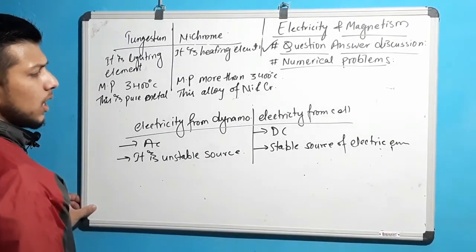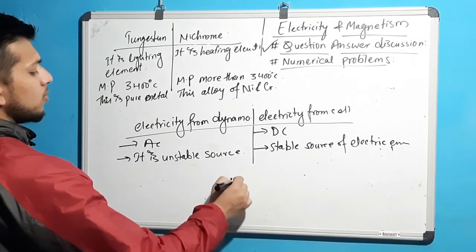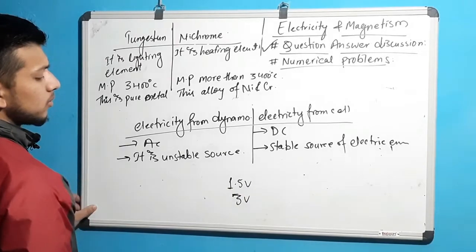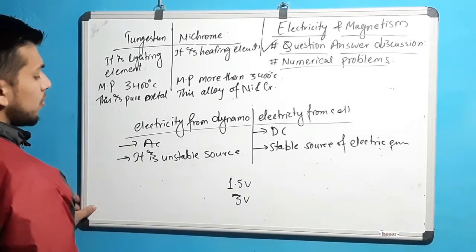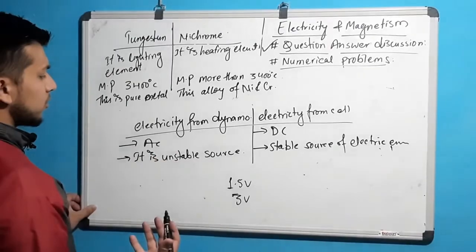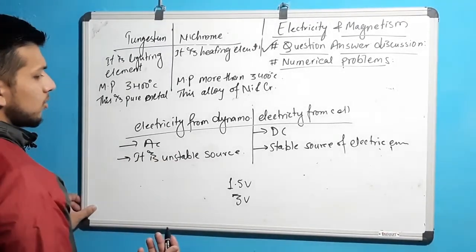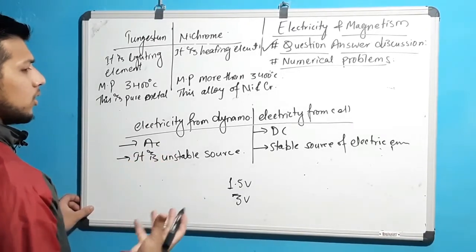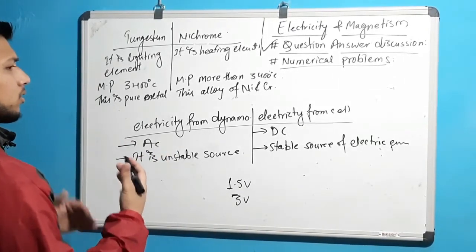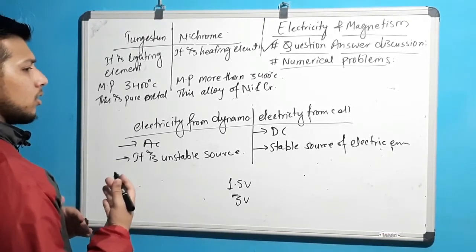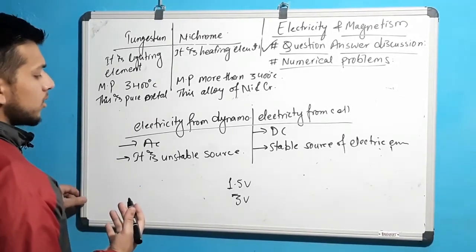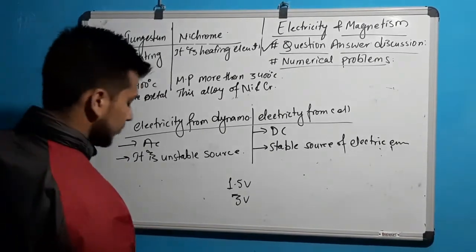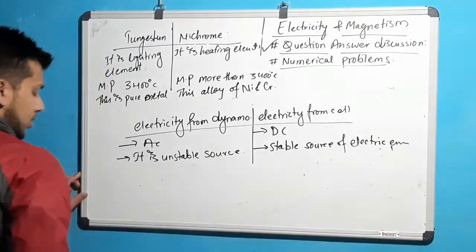While we are using a cell, it gives 1.5 volt or 3 volt, this type of voltage it provides. But while using dynamo's energy, it is unstable. The faster we rotate it, the higher the voltage it gives, while if we do not give high motion to the turbine, then it does not give high energy. These are the differences.